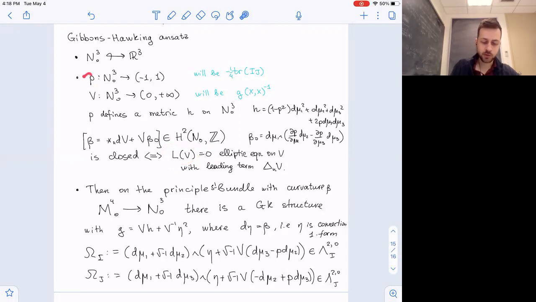So any germ of the angle function P can be obtained for the appropriate choice of V. It shows that at least locally, the generalized scalar structures are really abundant. You can take any smooth function P, and for it, you can take locally any solution to the elliptic equation, and there are, of course, plenty of those.